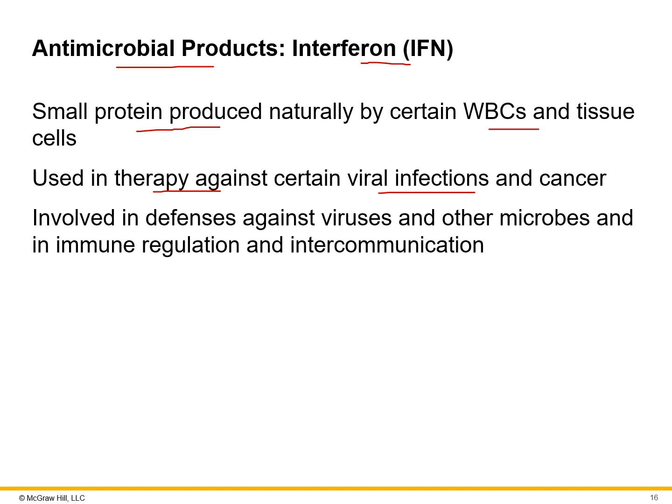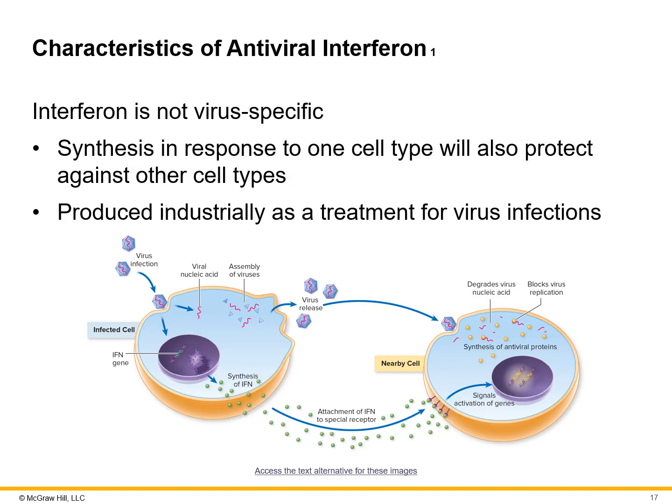So it's involved against those viruses and some other microbes as well, and it helps regulate the immune system and helps with communication. Now, what does this antiviral interferon look like? It is not virus specific, so it's not like it just recognizes HIV or just the herpes virus.